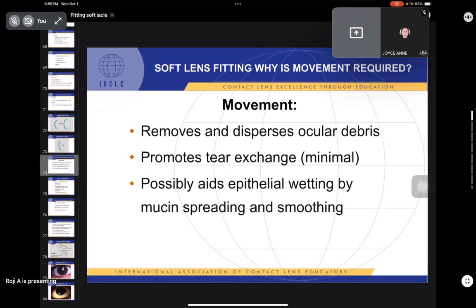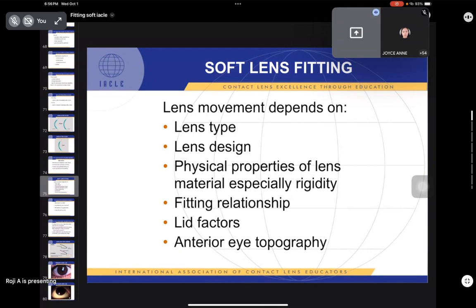All right. So soft lens fitting. Lens movement depends on, one, lens type, which is what type of contact lens are you using. The lens design, as in monocurve, bicurve, tricurve, or is it a back surface or a front surface? The physical properties of the lens, of course, the material, especially the rigidity factor, such as hydrogel against silicone hydrogel.